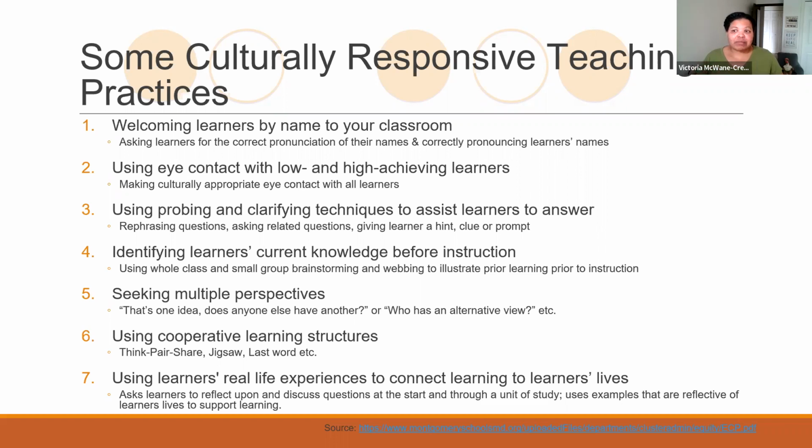And so being able to know who your learners are and recognize their name and pronounce it correctly is huge. You know, making sure that you're using culturally appropriate eye contact with your learners. Circulating and being around all of your learners, right? Not just the ones who are high achieving or high performers, but also the ones who may be struggling.